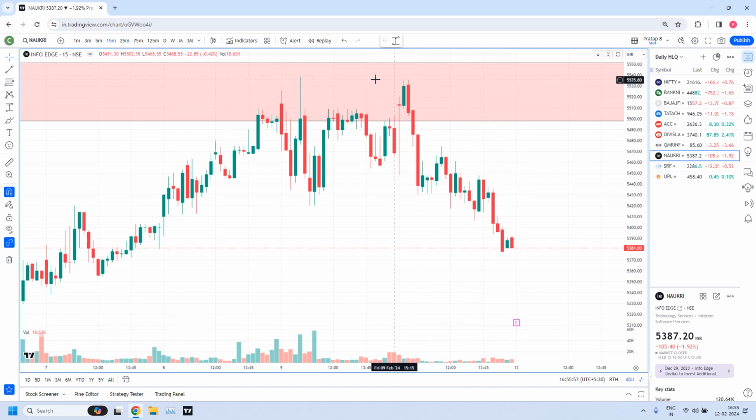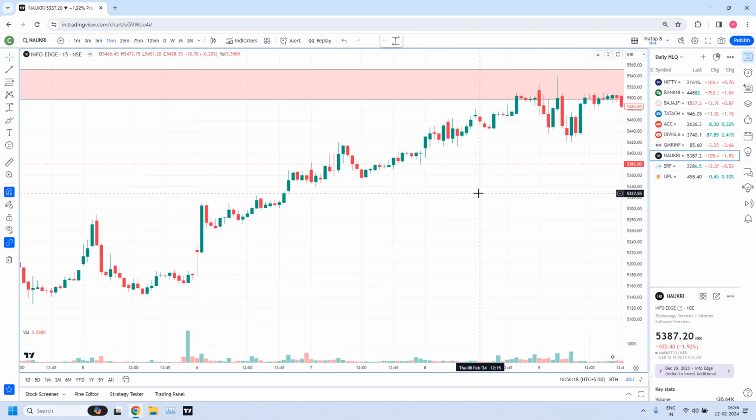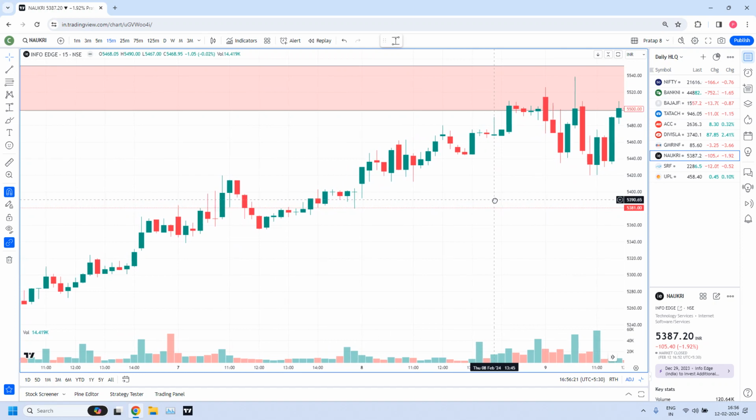But today also, prices exactly from this area, where previously we saw huge rejection, came down again. After seeing today's price action, I realized maybe there could be some high liquidity area at the 5 minutes level. But before, when I was drawing the zones, the situation was like this.